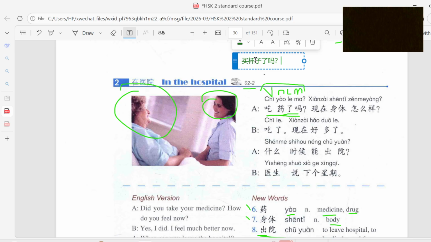So it is a past tense. If you do it like this, verb plus noun plus le and ma, here it is did you. Did you buy a cup? See, it is did you take your medicine? 吃药了吗? Let's look at another example.